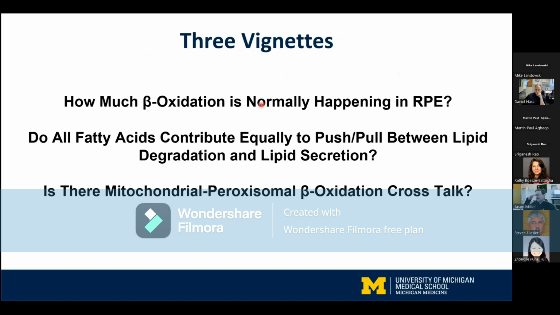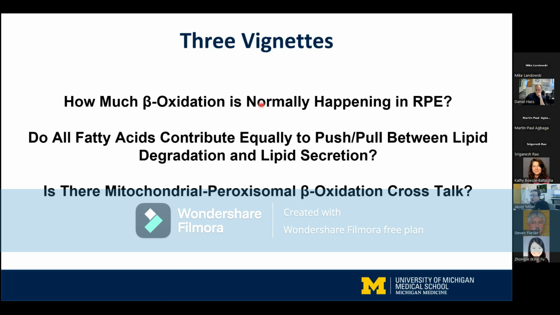Okay, so each of these vignettes kind of links to the other, but the second question was, okay, we're doing all these OCAR experiments. We've chosen palmitate because it's standard, but what happens when we put other fatty acids into our OCAR system? What happens to their OCAR rates, and what happens to their ability to promote lipid secretion in the RPE?